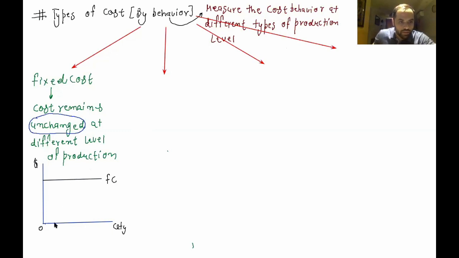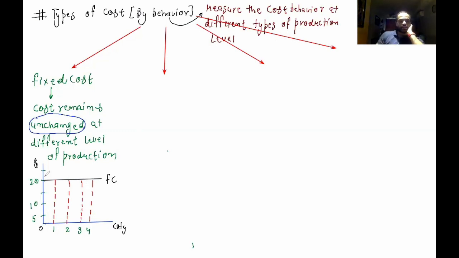If you produce, let's say, one quantity, two, three, or maybe four quantity. Let's say 1, 2, 3, 4, and the cost 5, 10, 15, 20, 25.